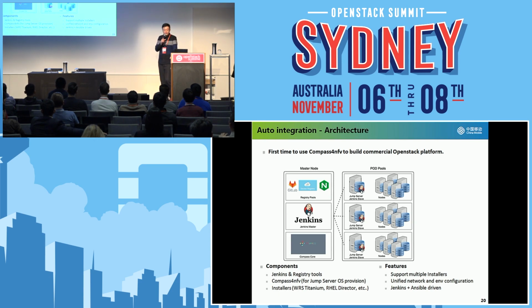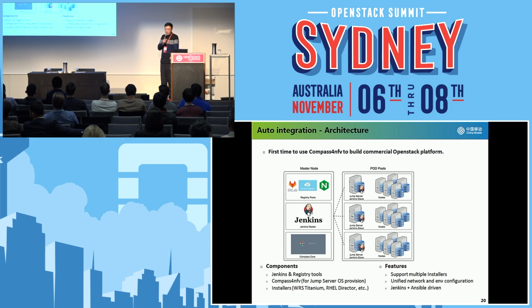As you can see in the diagram, we have built a system to integrate OpenStack in our lab. We use Jenkins and Compass, which is an open source installer in the OPNFV community, to deploy the OpenStack platform, which is Wind River Titanium Cloud. And I think this is the first time Compass is used for NFV to build a commercial product OpenStack platform.